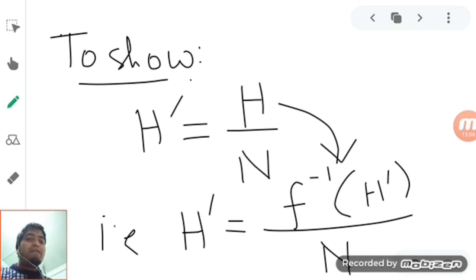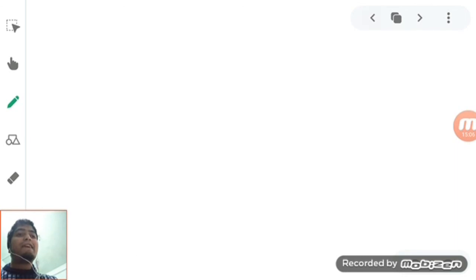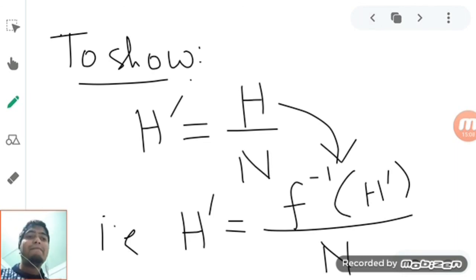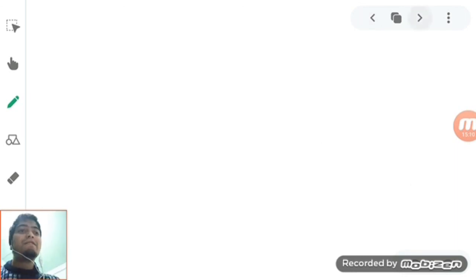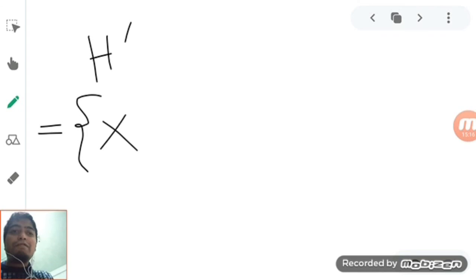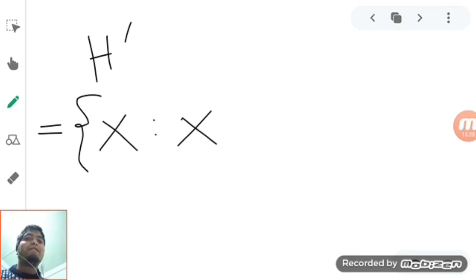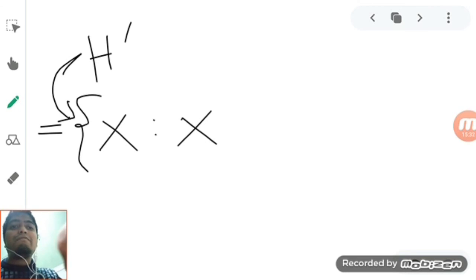Okay, so how will we do it? Again, these are sets. We can do it in the usual way, or we can do it like this. H dash is a subgroup of G by n, right? So that's why it will be of the form, it will consist of cosets.